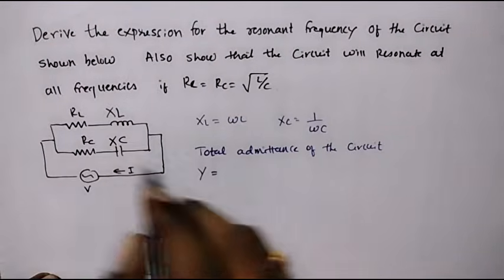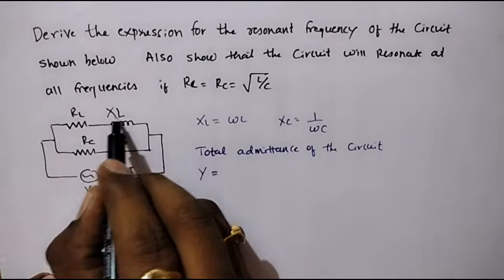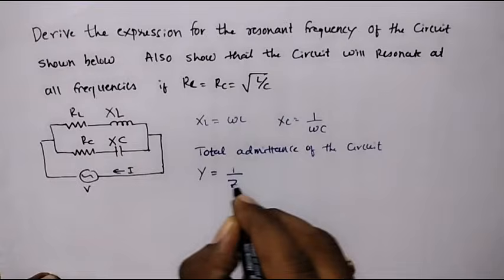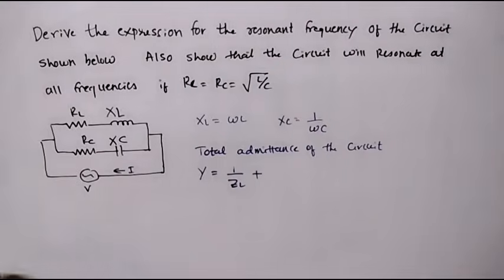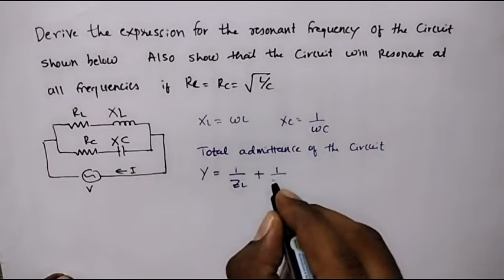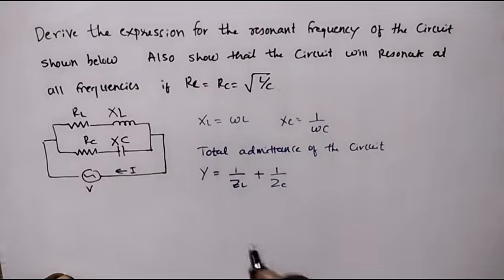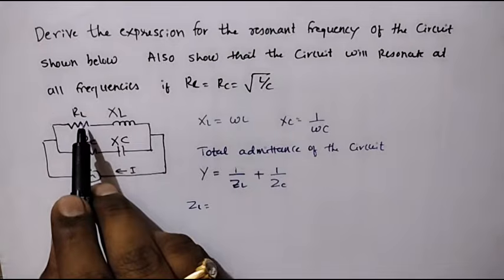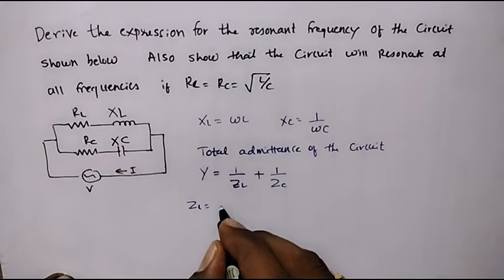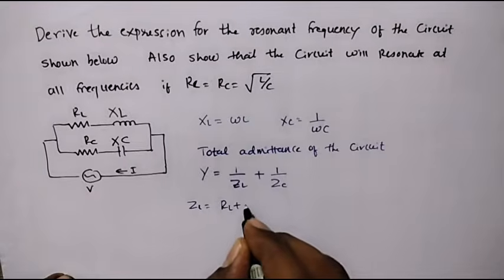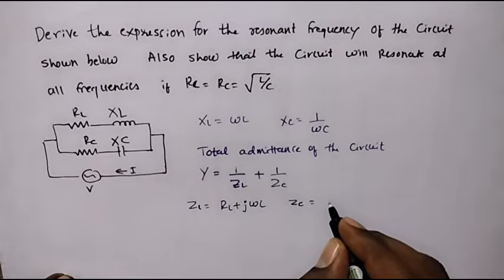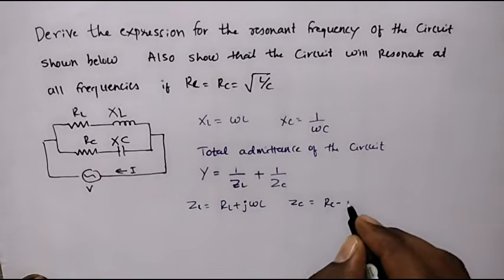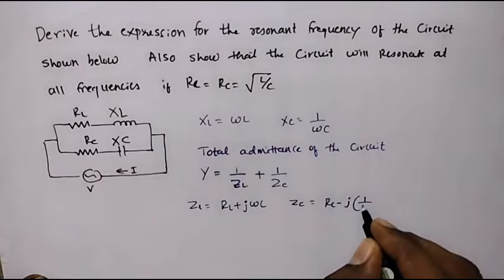So here the impedance of the RL and XL branch I'll call ZL, and the impedance of the RC and C branch I will call ZC. ZL is RL plus j omega L, whereas ZC gives RC minus j 1 over omega C.